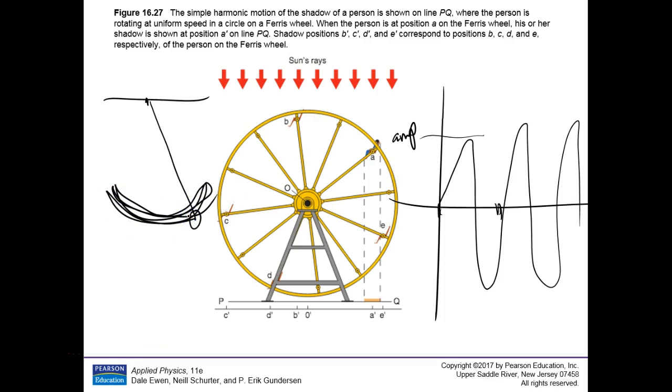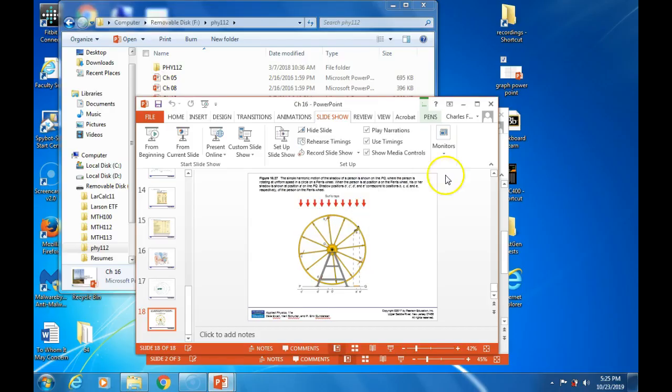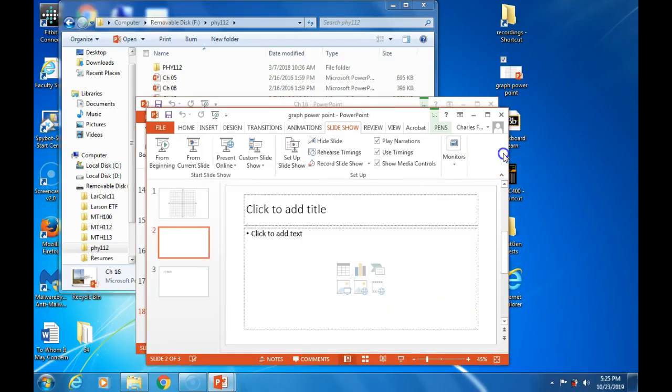Think grandfather's clock, grandmother's clock, something like that, and that is simple harmonic motion as well. Okay? So a pendulum, let's go to a new page because there's not enough room to write on this one. And that's the last slide in this chapter anyway.